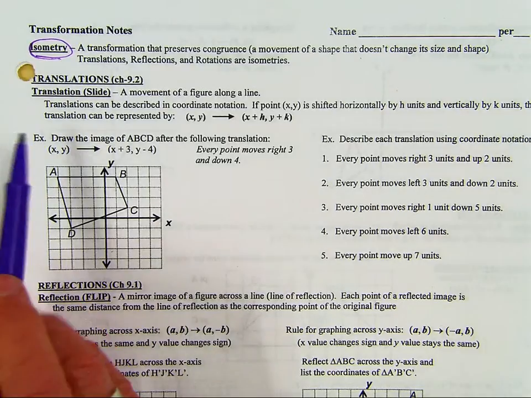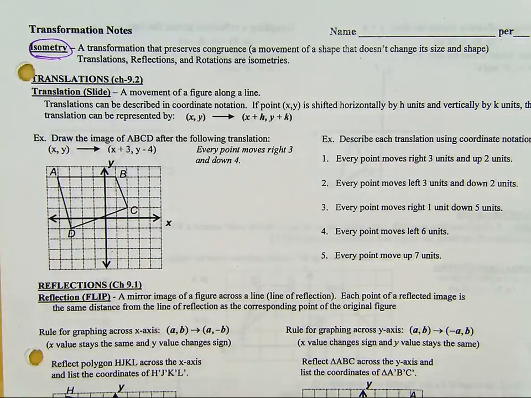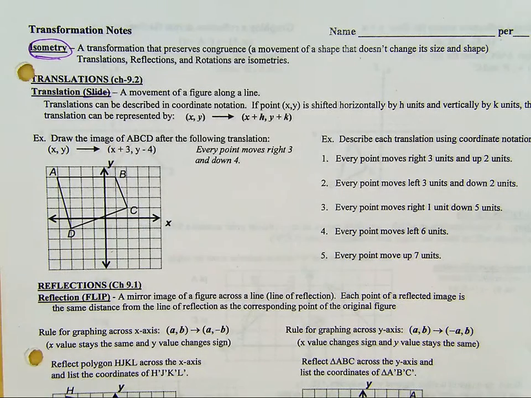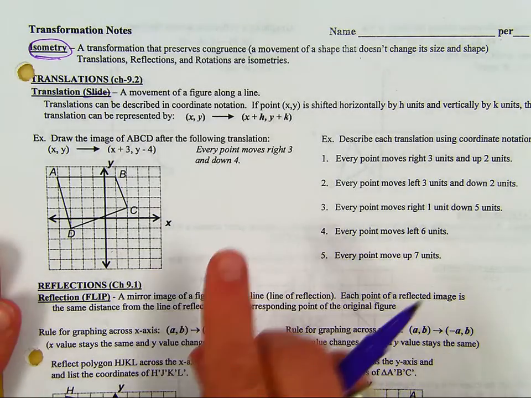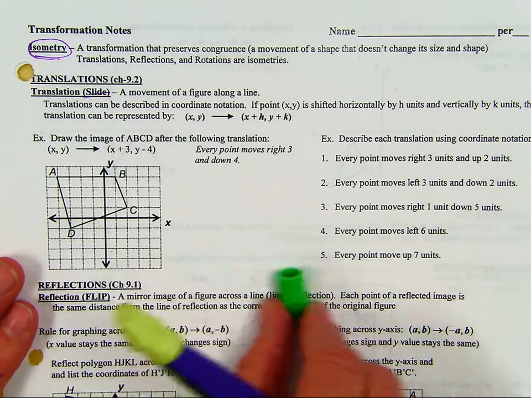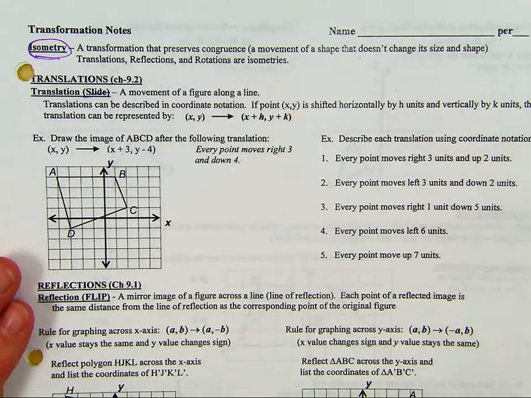So today we're doing translations. When you were in middle school, you did translations and your teacher called them slides. They're just where whatever you have moves horizontally and vertically. Okay? All right.